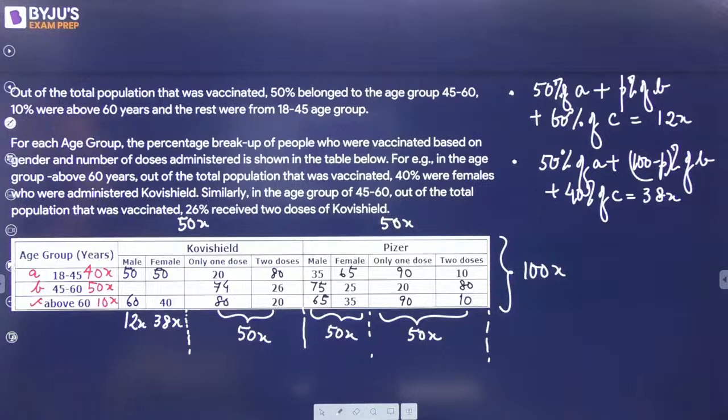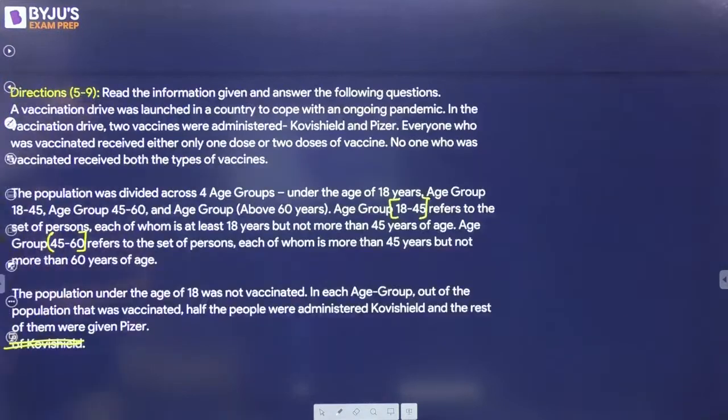Only one dose, which will be 90% of 40x minus A plus 20% plus 90%, we will do all that. But that x is not going to vanish. 90% of 40x minus A. No, we have different coefficients. Are we missing out on something?